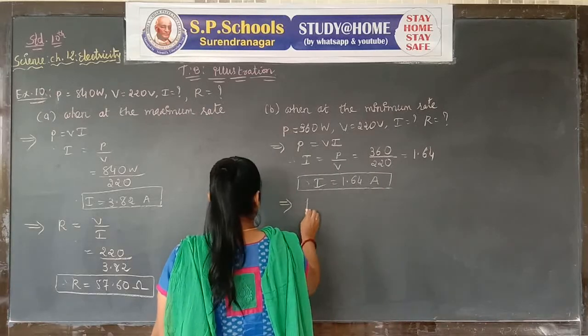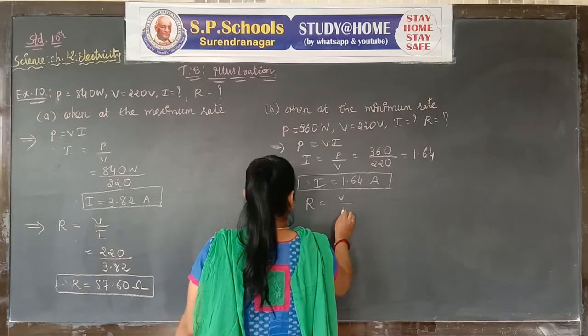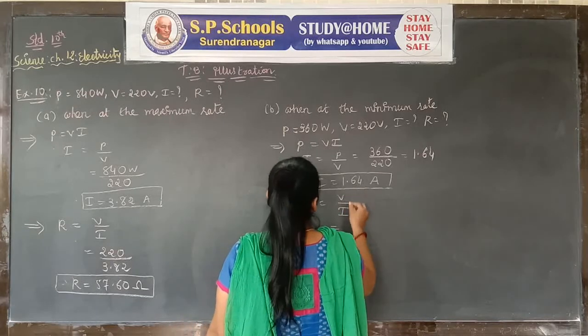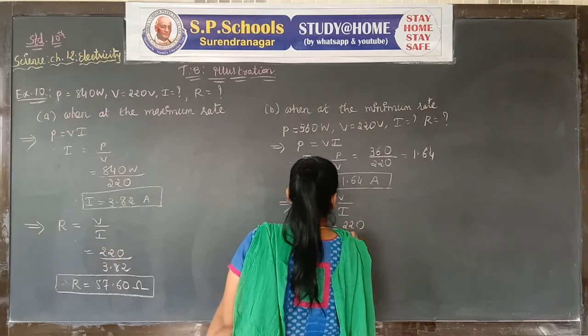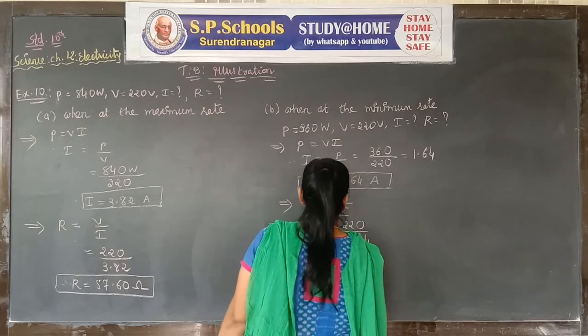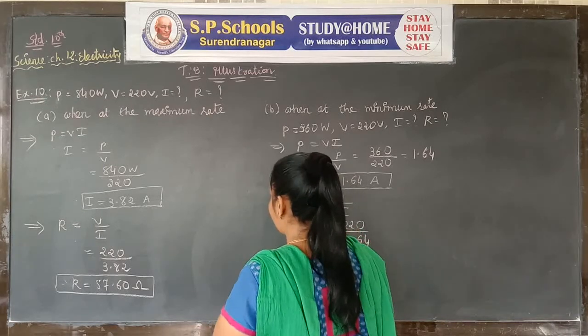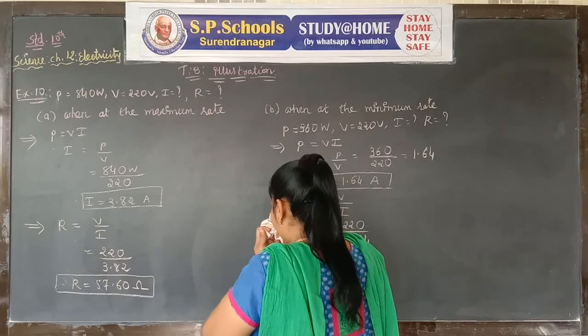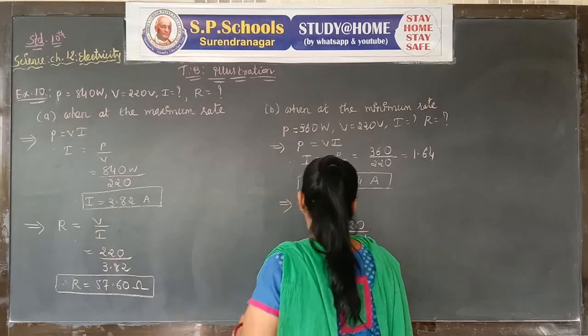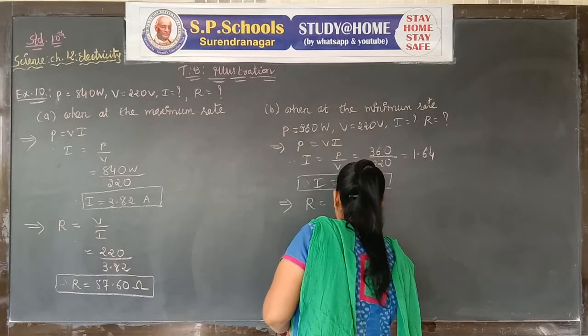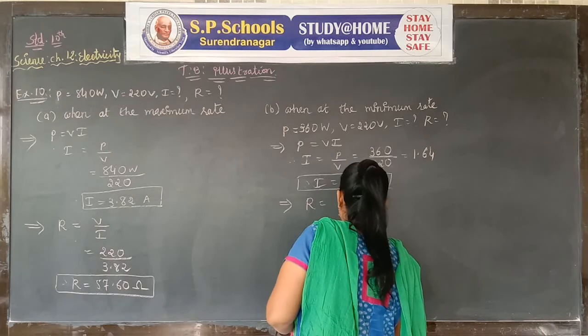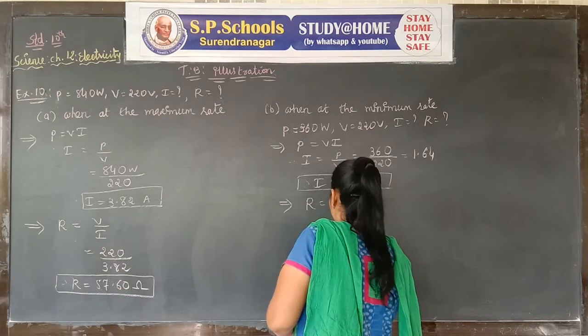According to Ohm's law, R is equal to V upon I. V is equal to 220, I is equal to 1.64. When we divide 220 by 1.64, we get something like 134.15 ohm.